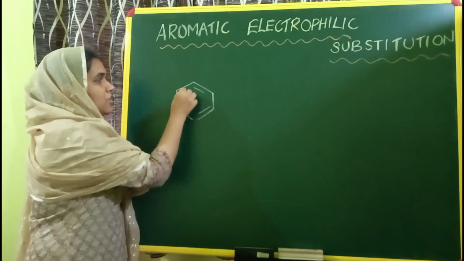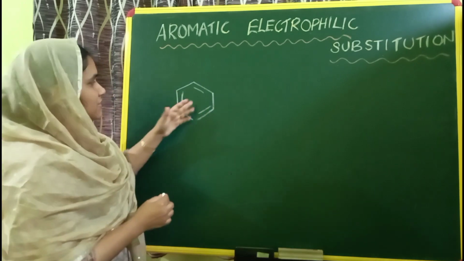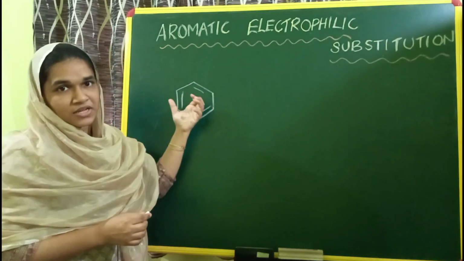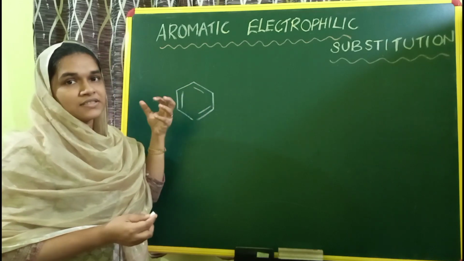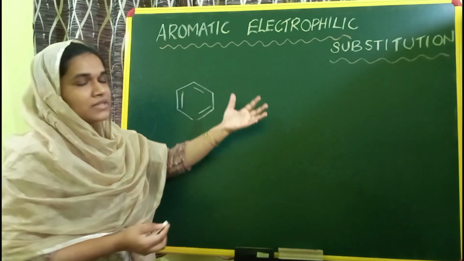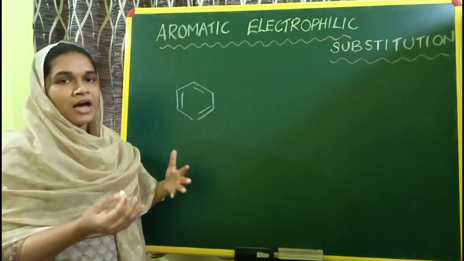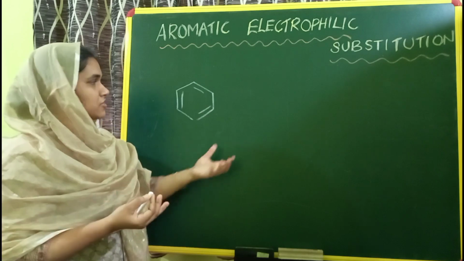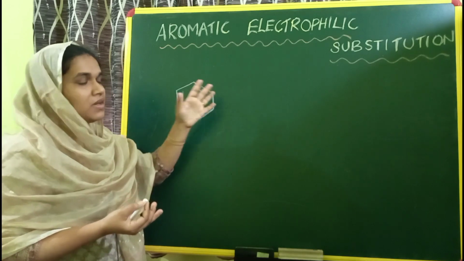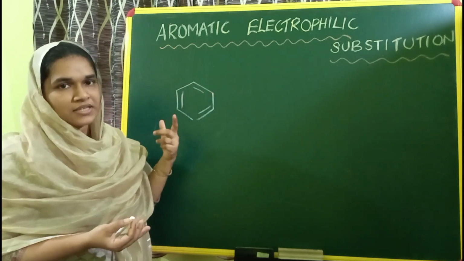You can see the aromatic sextet, that is, 6 electrons are present over here, and this ring is electron rich. So the attacking reagent will have a positive charge, or a positively charged species will be attracted over here, and the reaction takes place.